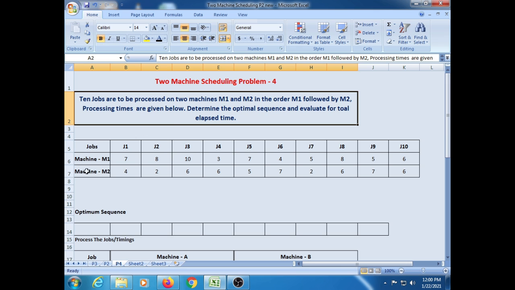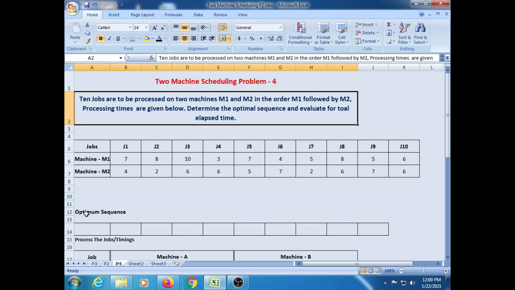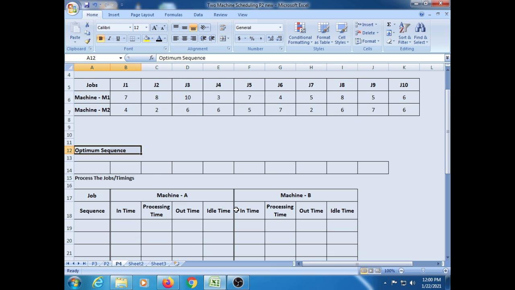After understanding the problem, first we have to determine the optimal sequence. So how can we determine the optimal sequence? For determining the optimal sequence, I have taken 10 boxes.